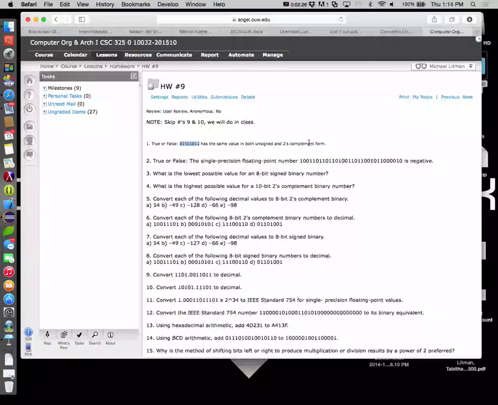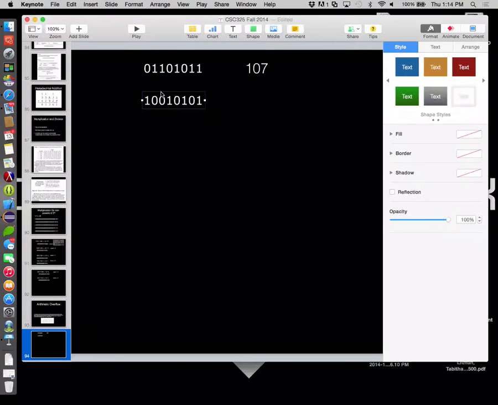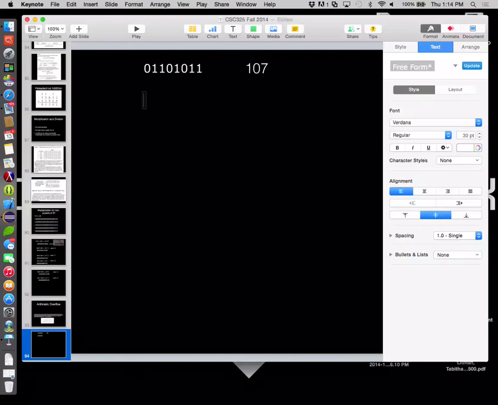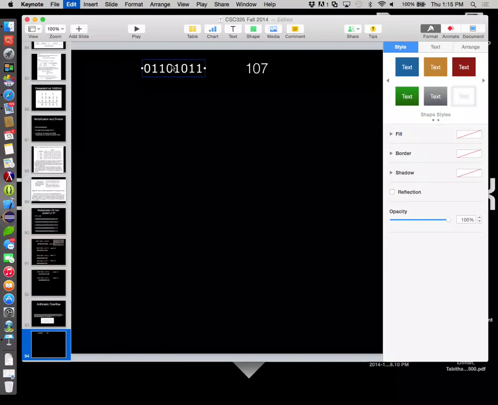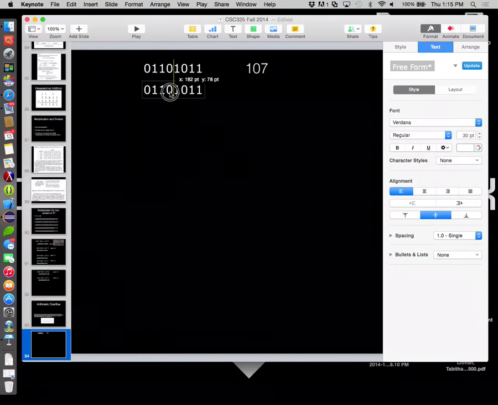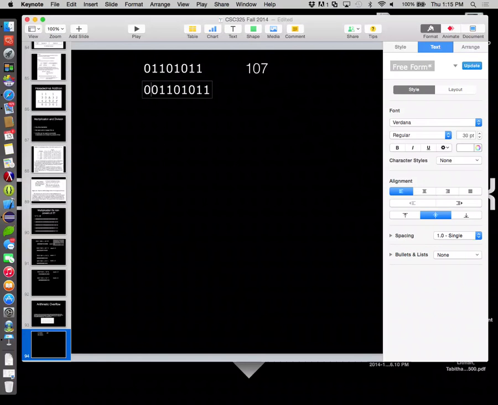Okay, so now you said you add a 0 in front of it, right? So when you took this value, actually let's just start from scratch. Before you took the 2's complement here, you wanted to put a 0 onto the front, and then you flip the bits.